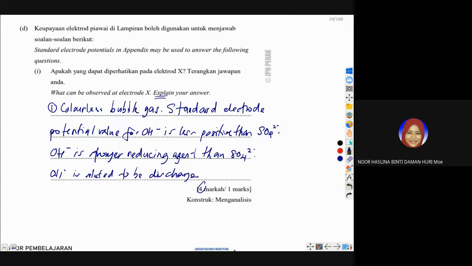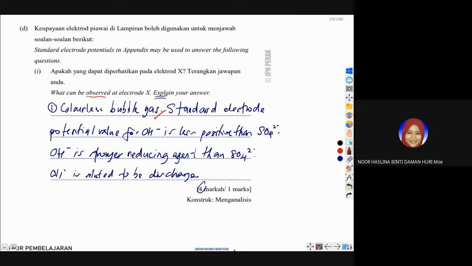Okay, so how many marks will you get? 4 marks. Firstly, what is the answer? What can be observed? You can observe the colourless bubble gas. 1 mark here.